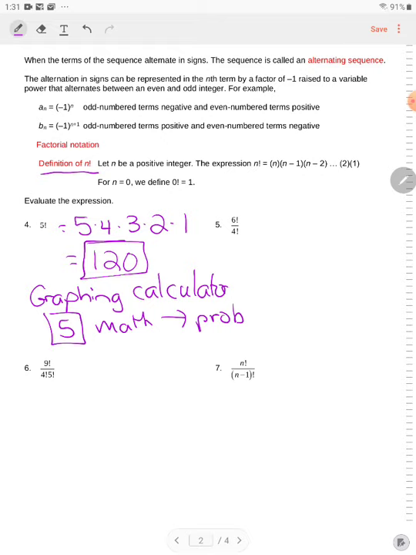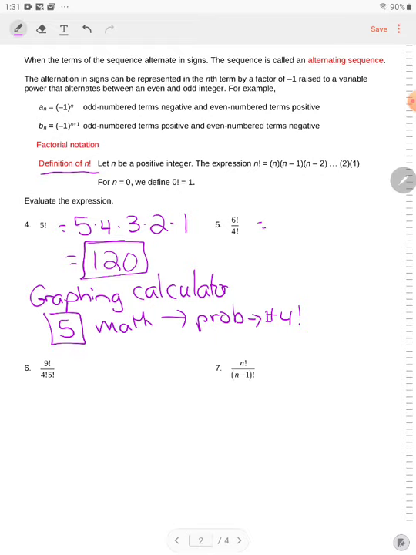So it's 5, math, arrow to PROB, arrow down to number 4 as the exclamation point. And we hit enter, and we get 120. So you could use your calculator.